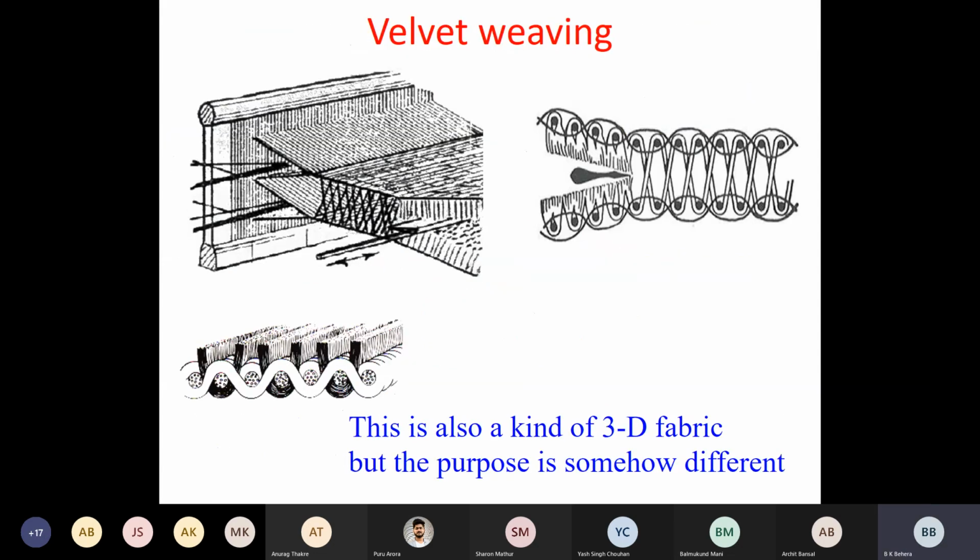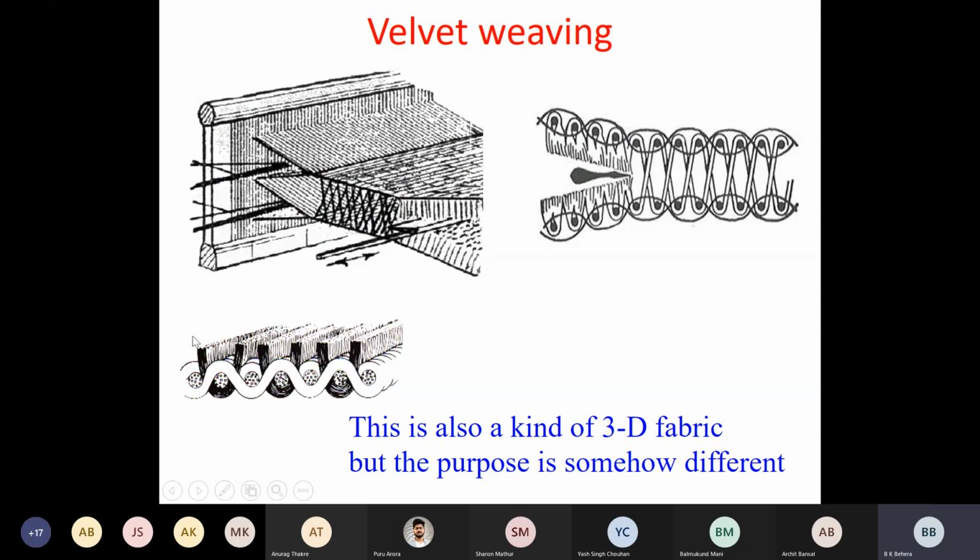Look at how we produce. There is a top layer fabric, there is a bottom layer fabric, and there is a group of pile threads coming from another beam connecting top and bottom. Then subsequently we cut it here from the center.